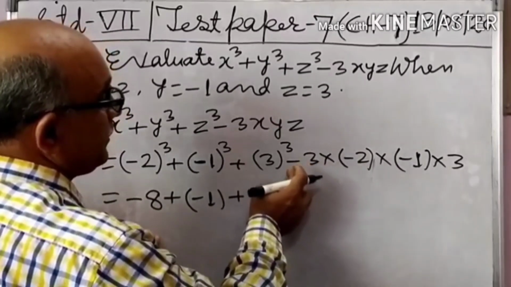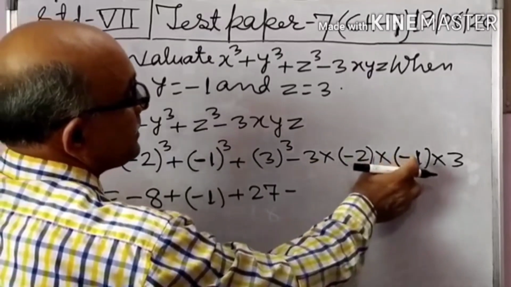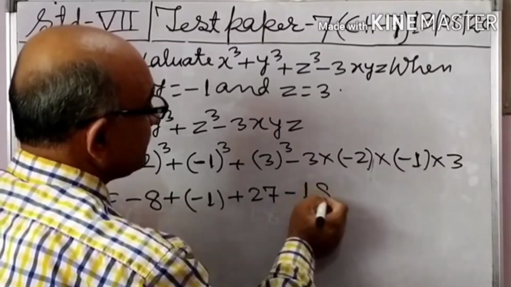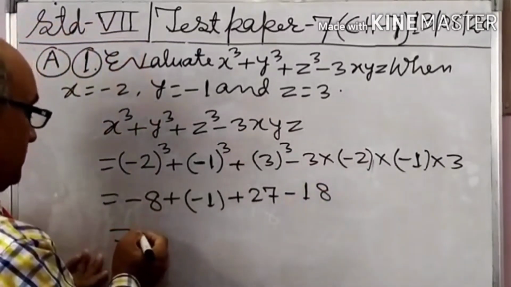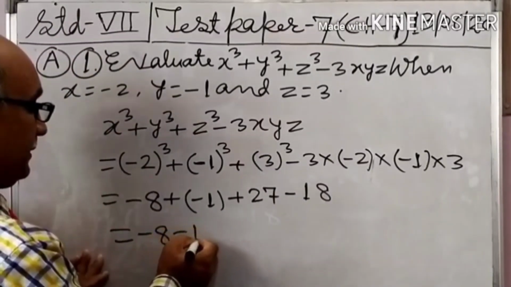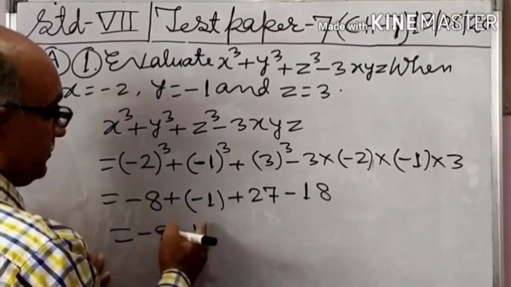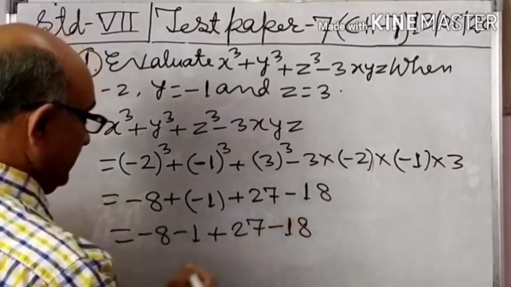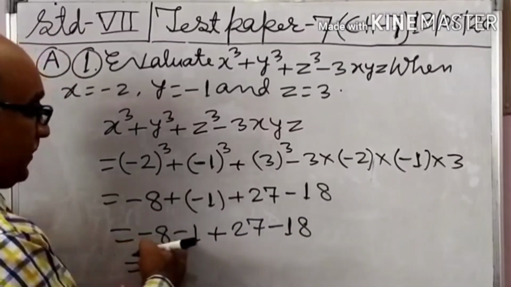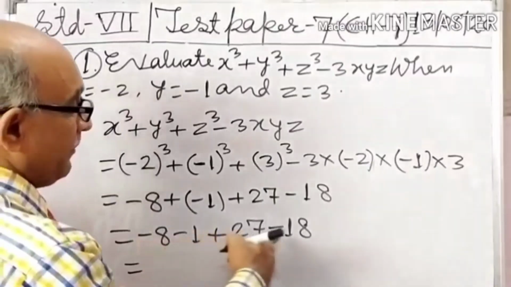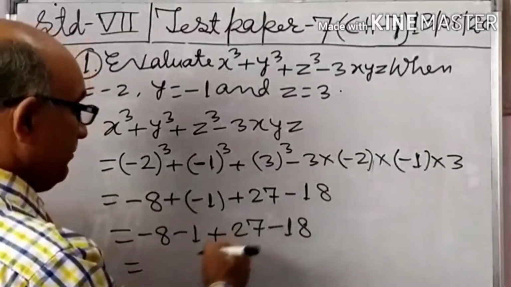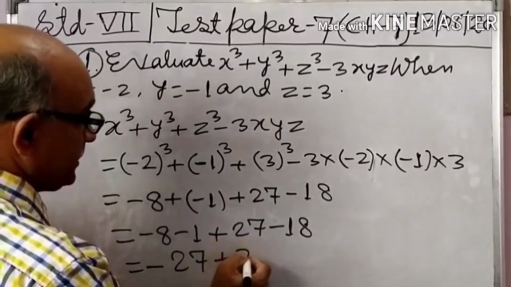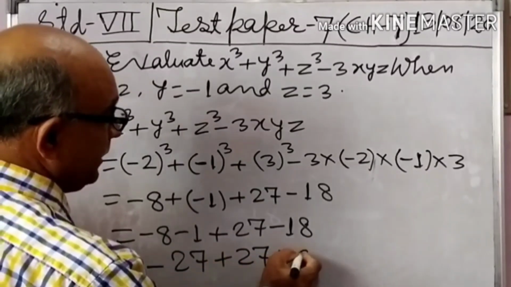Minus, into minus is plus, so 3 sixes are 18. Now minus 8 minus 1 plus 27 minus 18. Minus 8 minus 1 is minus 9, minus 9 plus 18, then plus 27 and minus 27 cancel, result is 0. That is the answer.